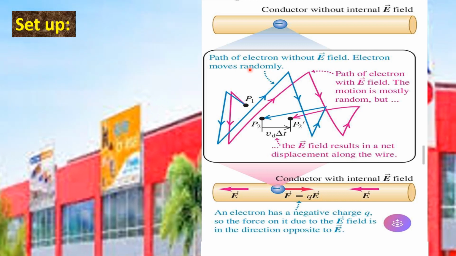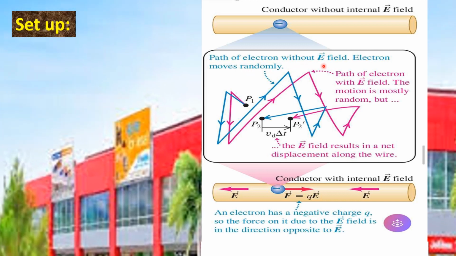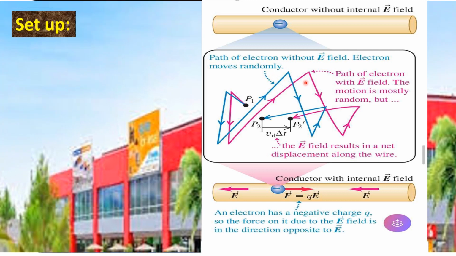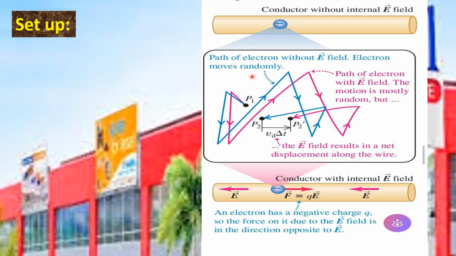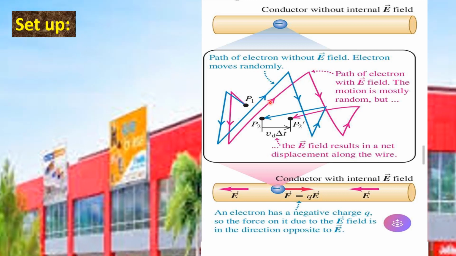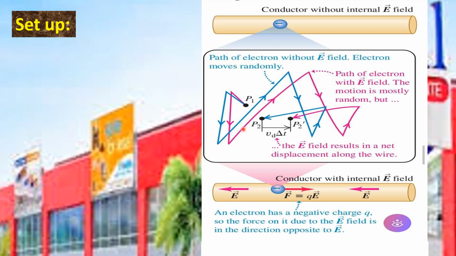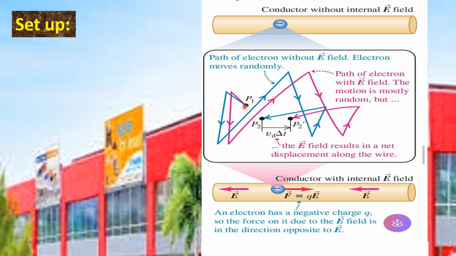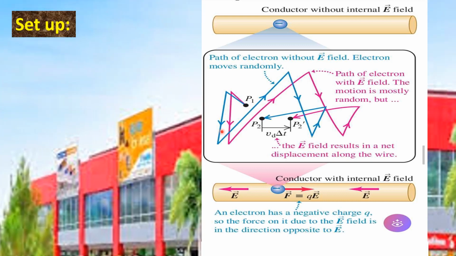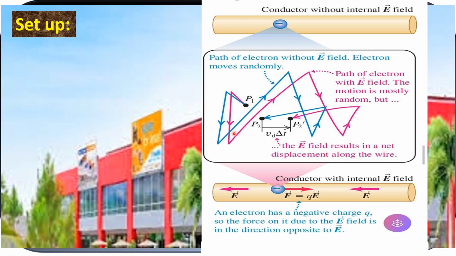So the path of the electron without an electric field, we say, is that the electron moves randomly. And the random motion of the electron is represented here by the green zigzag arrows.